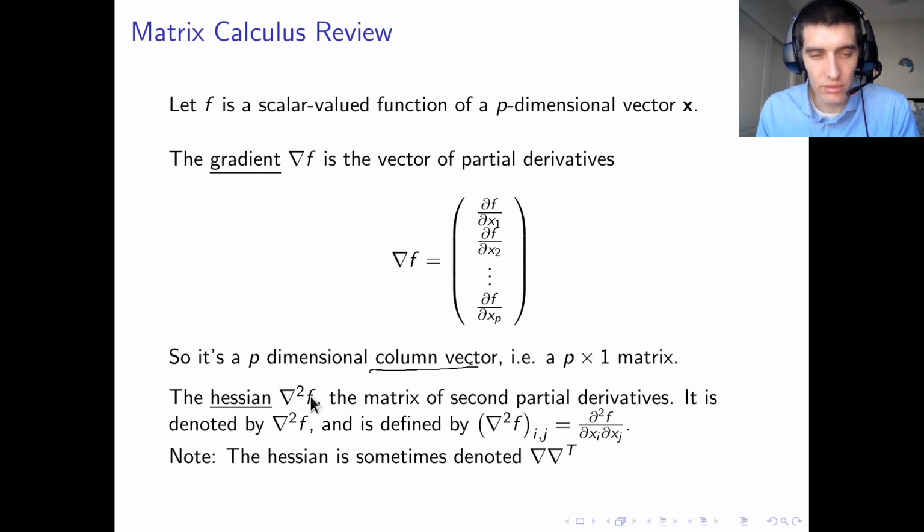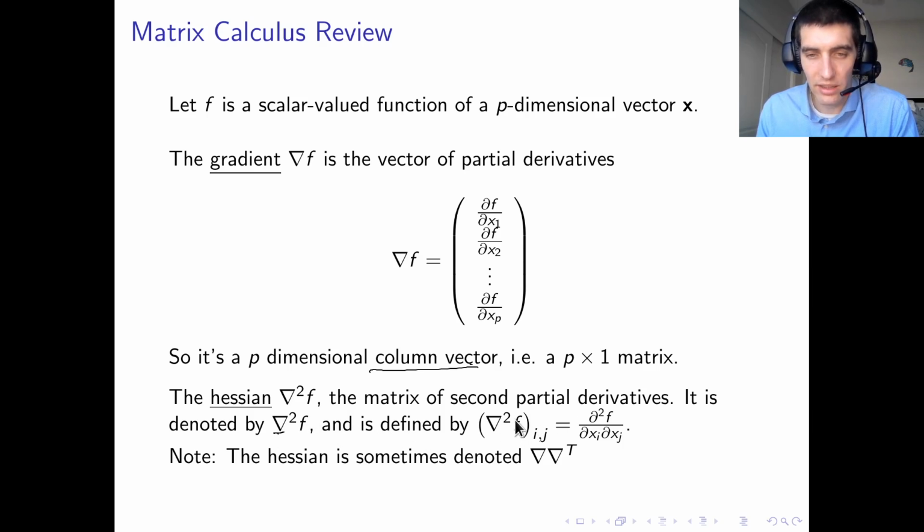So we denote the Hessian. The Hessian, which has a second derivative, is suggestive. It's like a second gradient, a matrix of second partial derivatives. Okay, so I hope you have seen in your calculus classes what a Hessian is, but quick reminder: we'll denote it by this double nabla of f.